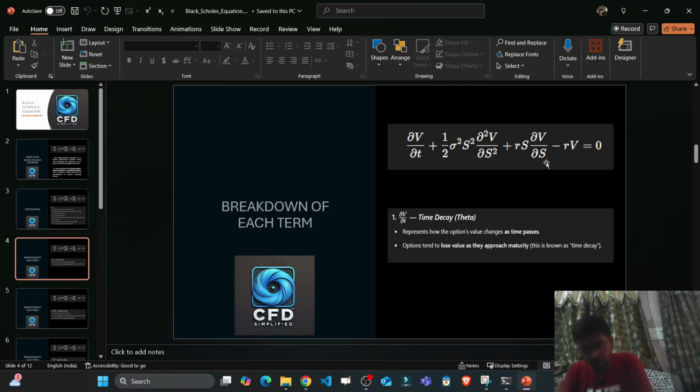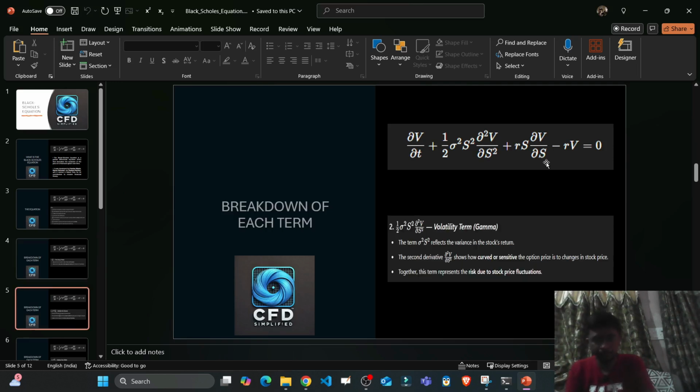At that point, if you sell it, you will get a smaller amount, a lower resale price. So del V by del t represents that curve with respect to time, how the value is changing with respect to time.